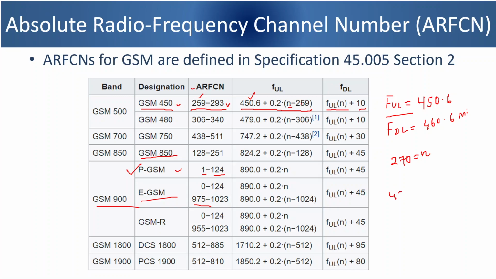It becomes 450.6, see this formula, plus 0.2 multiplied by n. N we have taken as 270, minus 259.